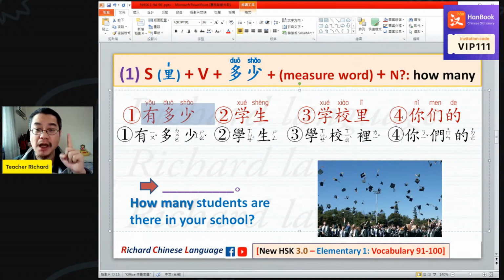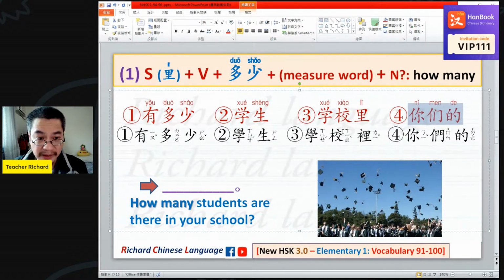有多少 学生 which means students. 学校里 in one school. 你们的 which means your. Okay, what's the answer?